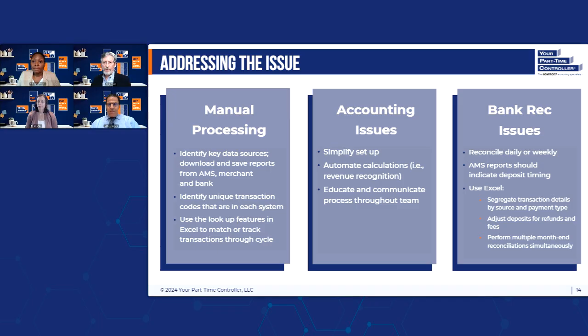I think also sometimes you can look to either your merchant processing provider or even the AMS, if they are the merchant processing provider, and obtain a report that will give you all the transactions that add up, and the date the funds were transferred from the merchant provider to the bank.